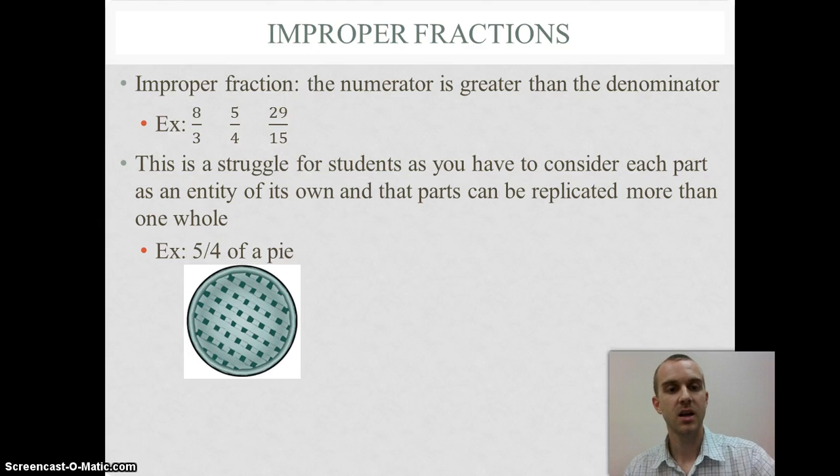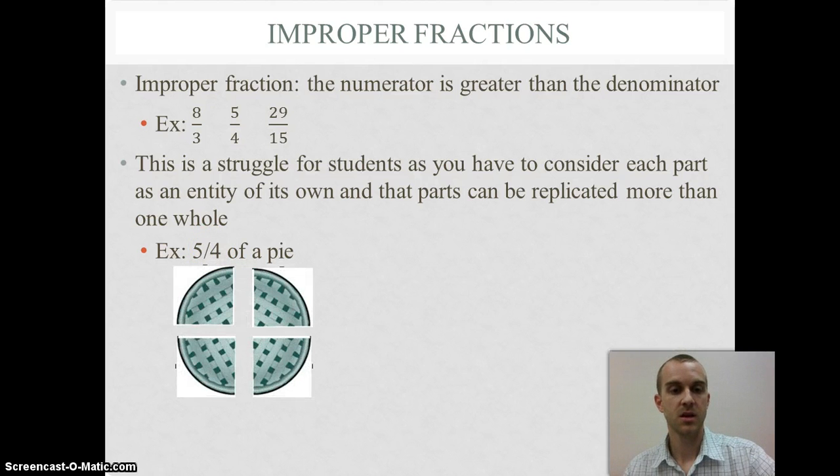First, we have to understand from our denominator what it means to be split into fourths. Then they have to recognize, well, how many of these fourths do I have? I have 1, 2, 3, 4. And I need a 5th one. So I have 1 whole pie plus a 4th more. And that can also help with the understanding of mixed numbers and improper fractions.